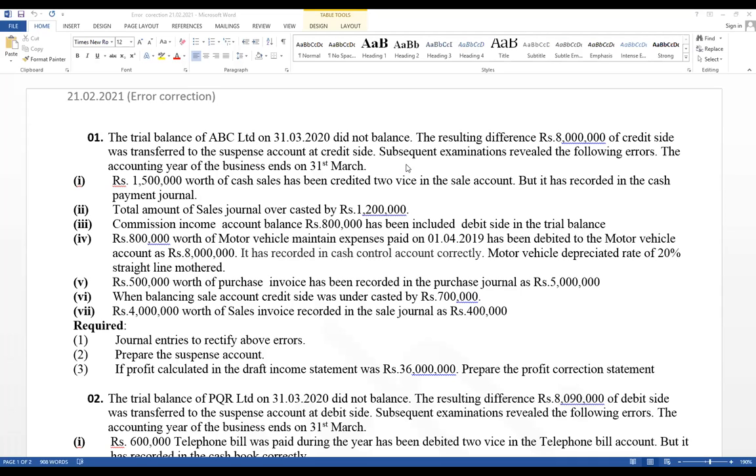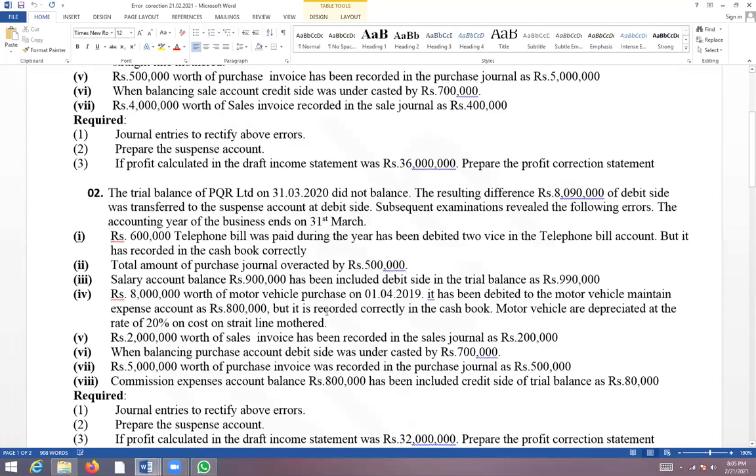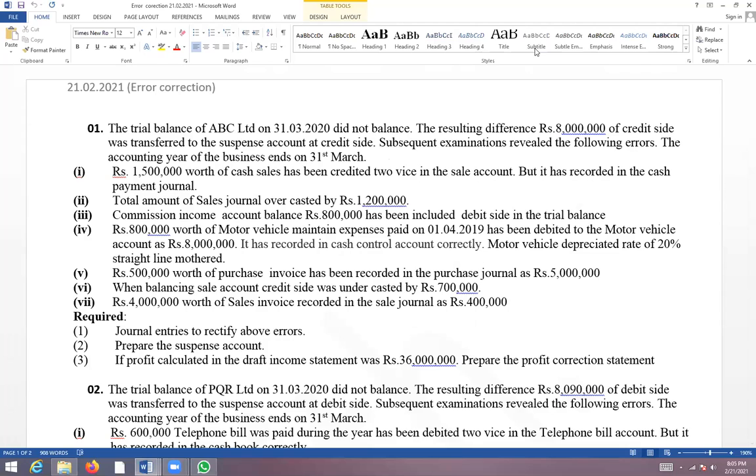After that, in the general ledger, by closing ledger accounts, you have to prepare a trial balance. Although the trial balance is equal, there may be some errors. Those kinds of errors are not revealed by suspense accounts.